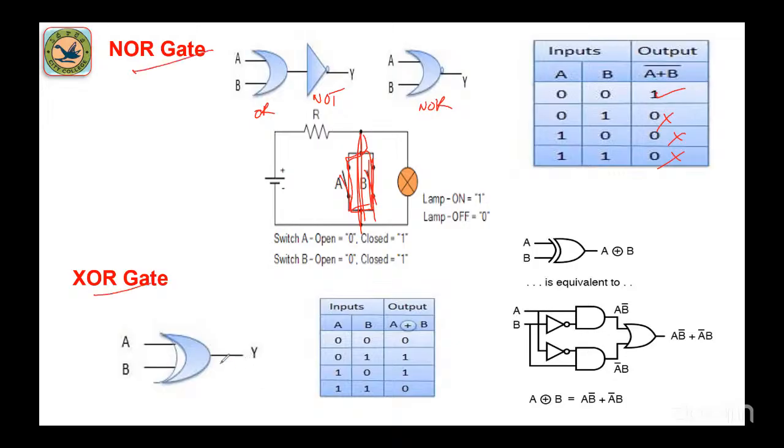Next is the XOR gate, which you can call the exclusive OR gate. The symbol should be like this: A XOR B, the exclusive OR.